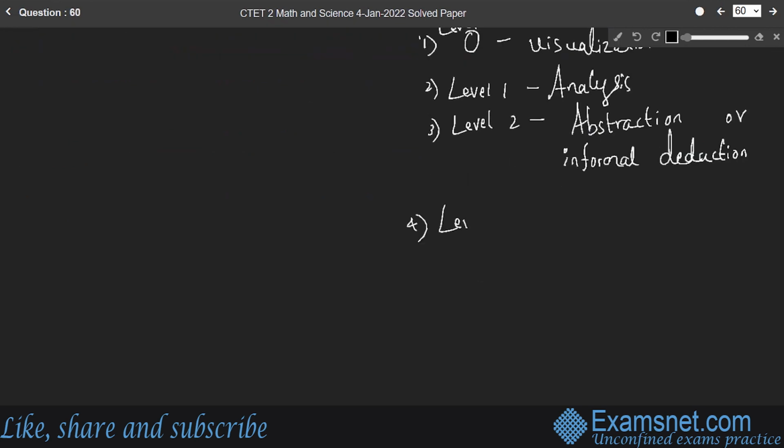Level 3, deduction or formal deduction. Level 4 is rigor.